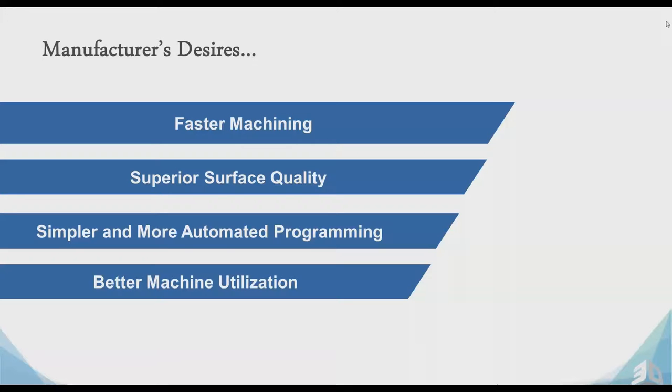Some of those challenges may be contradicting, like faster machining can be contradicting superior surface quality. So it's very interesting how we can combine all those targets, and let us jump in and see how Cimatron can handle all those and offer you the best solution for each of those challenges.